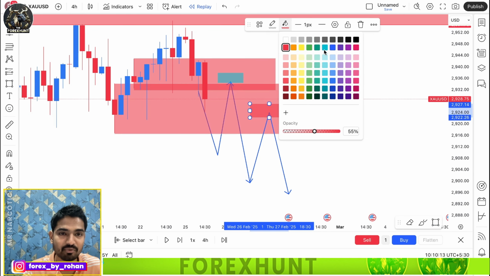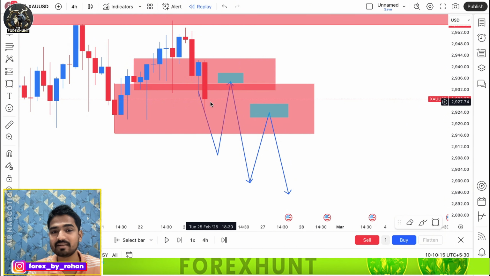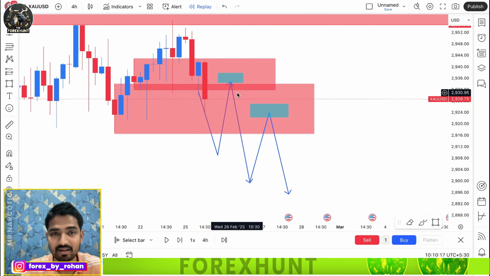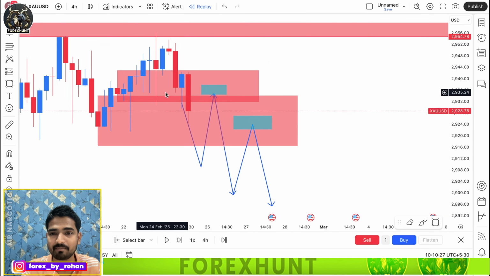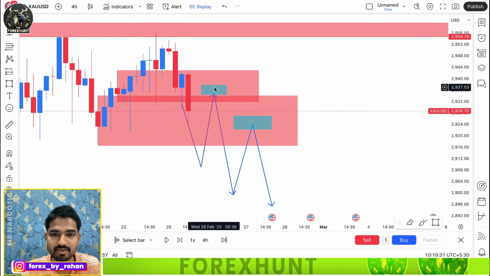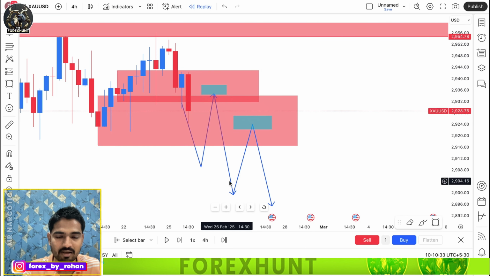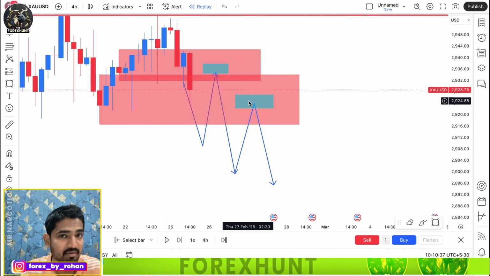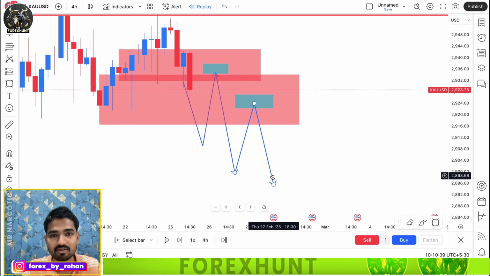Okay, so if you are not able to understand this example, let me know in the comment section right now, so that I can use some examples from the gold charts in the next video to make it easier for you. Okay, so repeating it: buy, failed, confirmation, drop. This buy got failed. Let it come here, confirmation, then drop. Here we will find confirmation on M15, M30, let it drop.